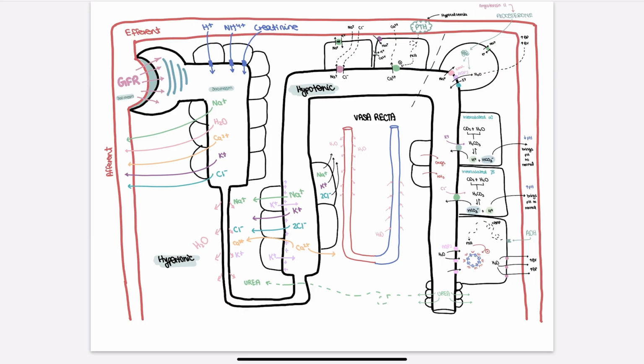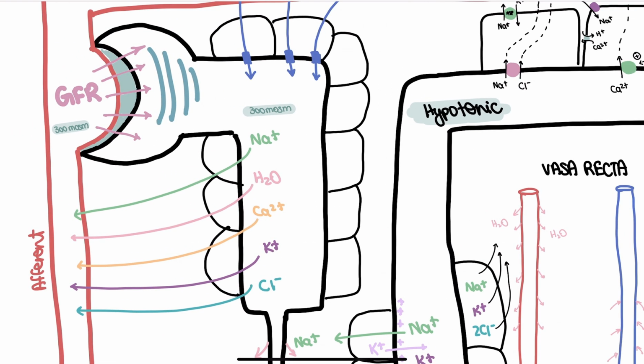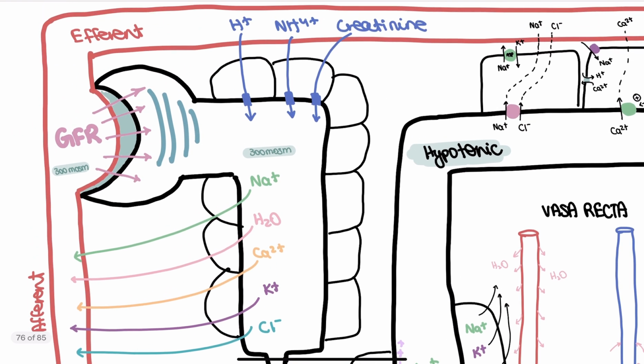So first we want to start off with these capillaries or arteries. You have the afferent and efferent arterioles, and what happens here is we start off with some molecules going through the nephron, and here we can see that the concentration is around 300 milliosmoles and 300 milliosmoles here as well.